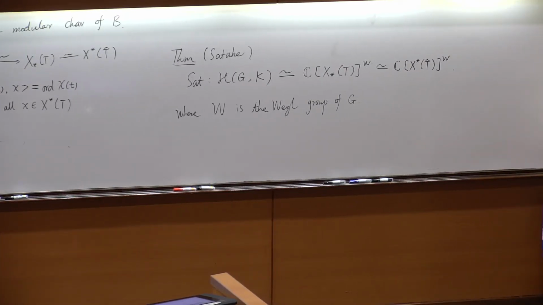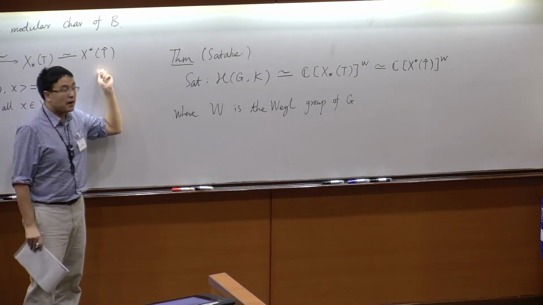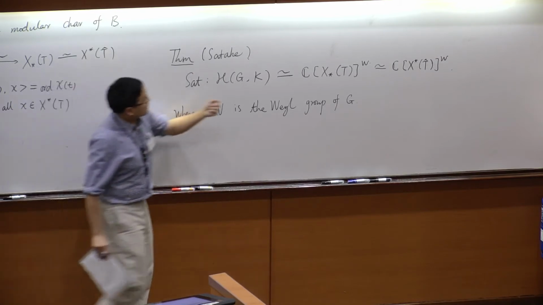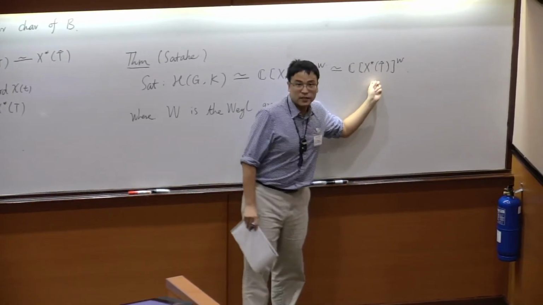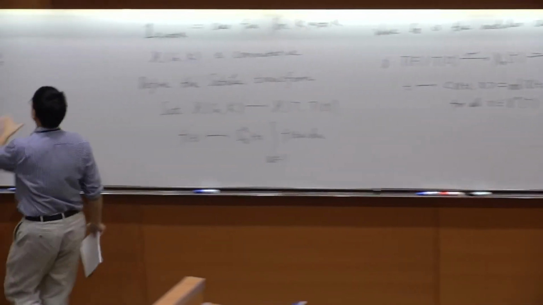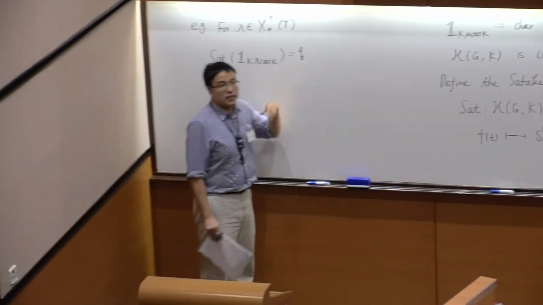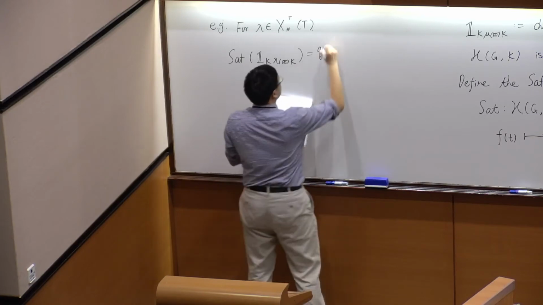And so what we're going to get, if we identify the image to be the W-invariant characters of the T hat, the dual group, is linear combinations of the characters of the representations. Let me specify here.